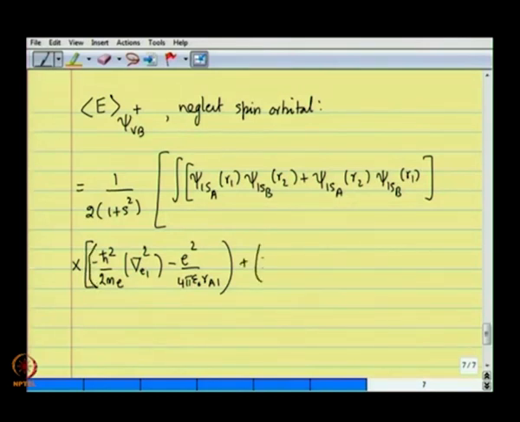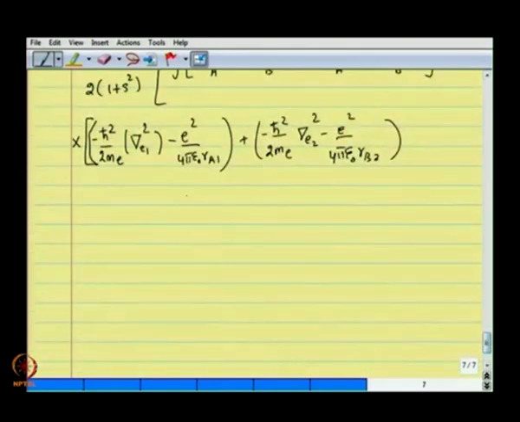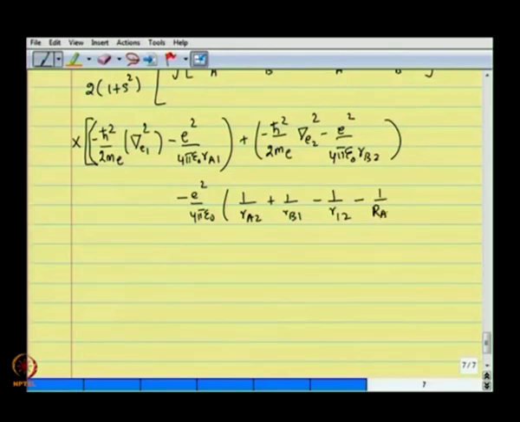Then we have minus h bar square by 2 m del 2 squared minus e square by 4 pi epsilon naught r B2, and then write the remaining terms, namely minus e square by 4 pi epsilon naught (1 by r A2 plus 1 by r B1 minus 1 by r12 minus 1 by r AB).